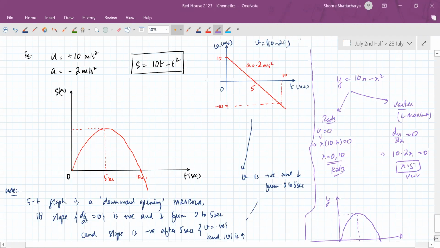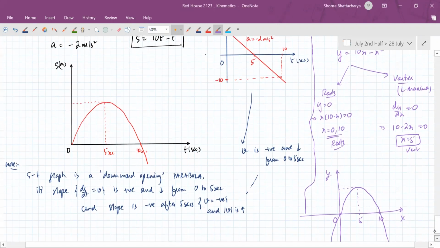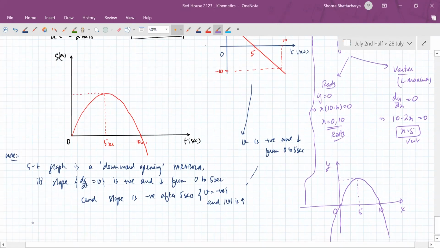Okay, so the second point that we want to understand here is the significance of that 10-second instant of time. At t equal to 10 seconds, the net displacement is again coming out to 0 because the particle has retraced its path.